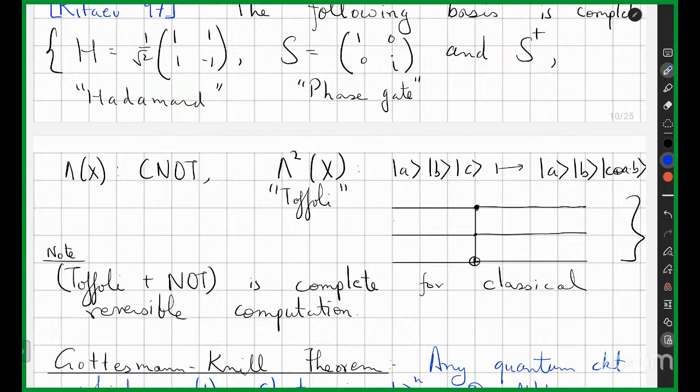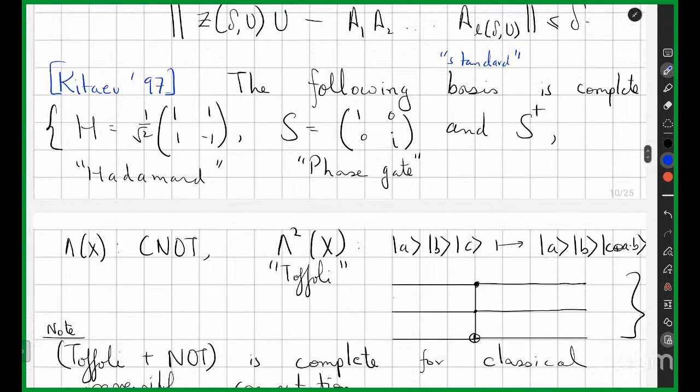Okay, so this is one thing. So far, what have we done? We have seen that there is a complete basis, and complete basis means that any other gate can be approximated using this U. But the complete basis definition, remember, did not put any quantitative bound at all.